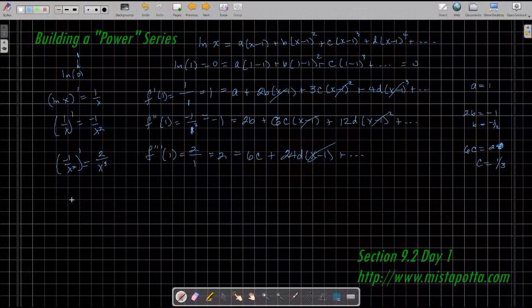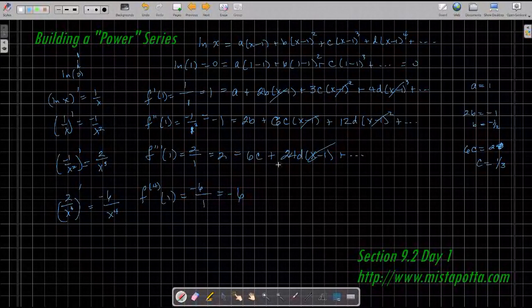And if I try this one last time, if I take the derivative of 2 over x cubed, I'm going to get negative 6 over x to the 4th. And if I try and evaluate this fourth derivative at 1, I'm going to get negative 6 over 1 to the 4th, which is negative 6.